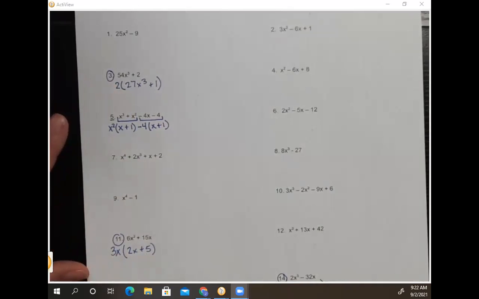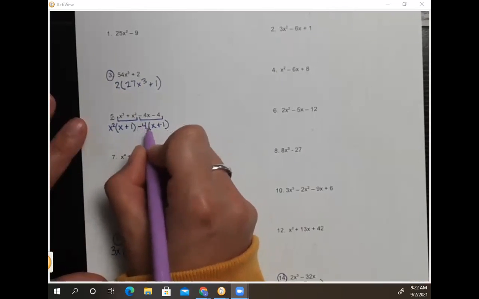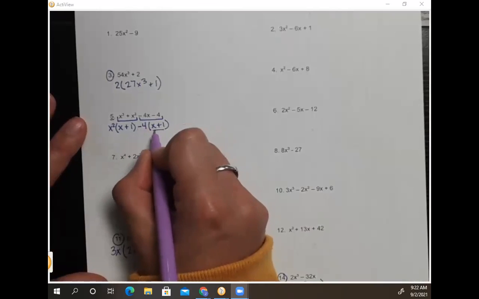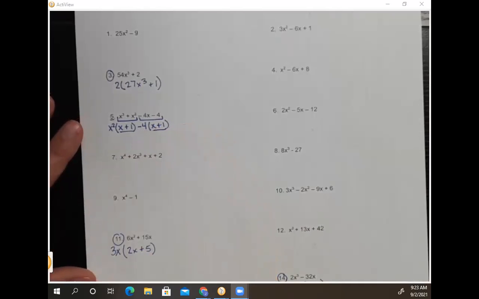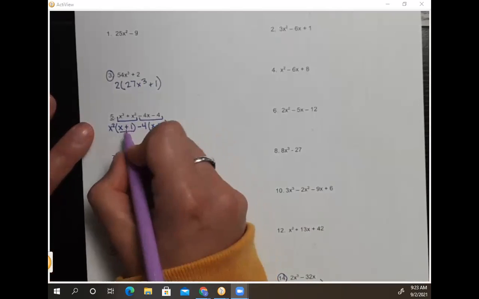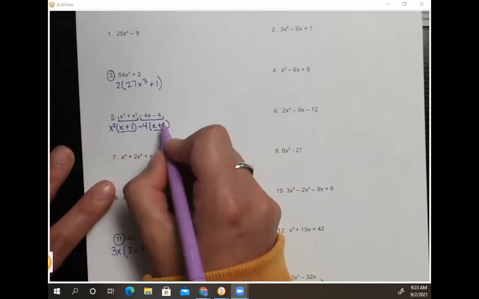Here's why it's important I pulled out that negative. When I've used negative 4 as my GCF, my stuff in parentheses here matches what I got here. Anytime I'm factoring by grouping, that stuff in parentheses has to be the same. I need it to be the same because now it acts like my GCF, okay? Remember in that practice we did yesterday where sometimes our GCF was a big clunky thing?